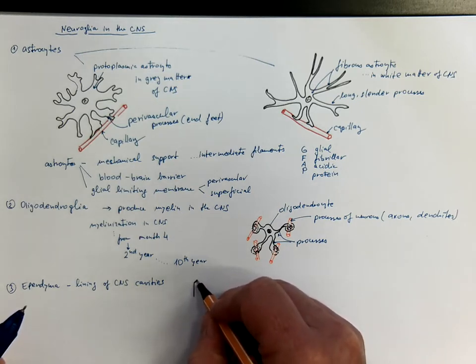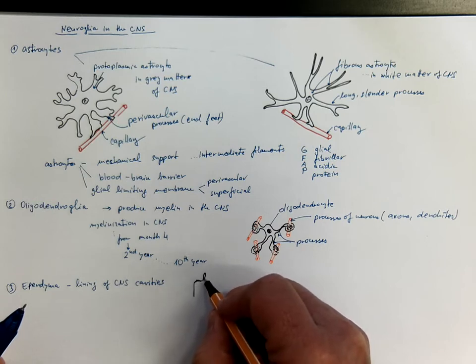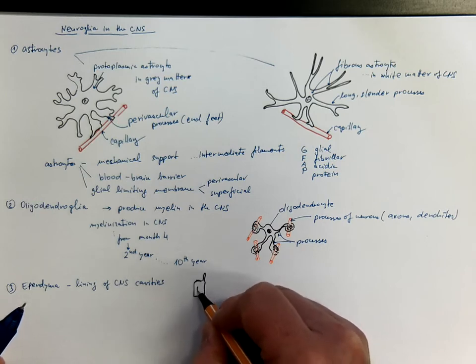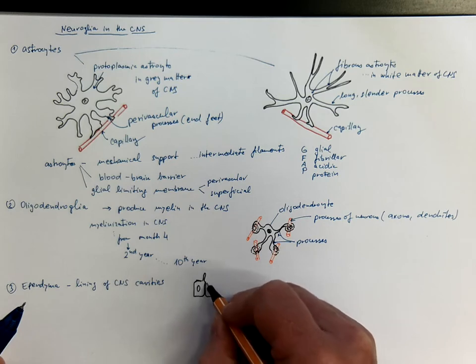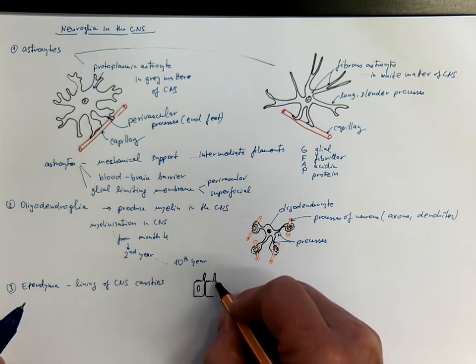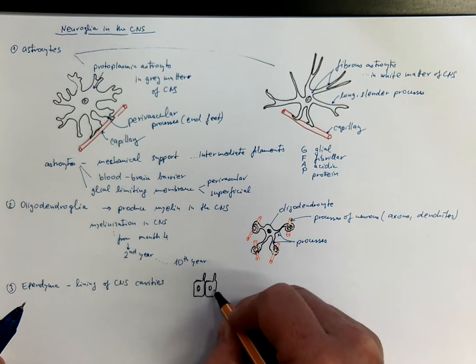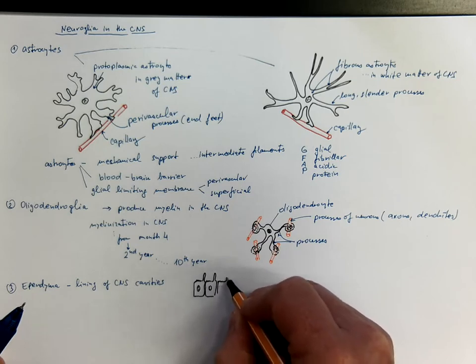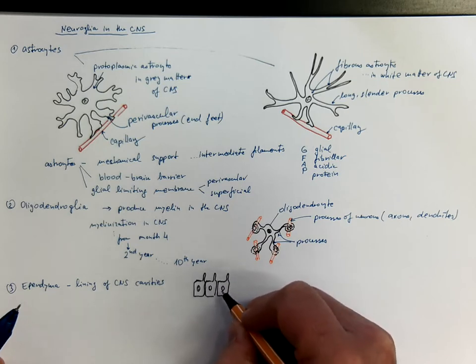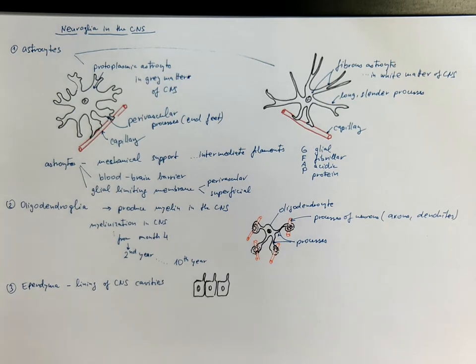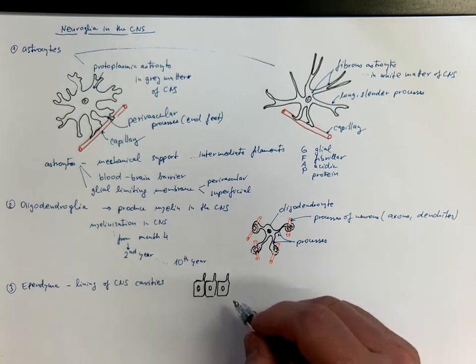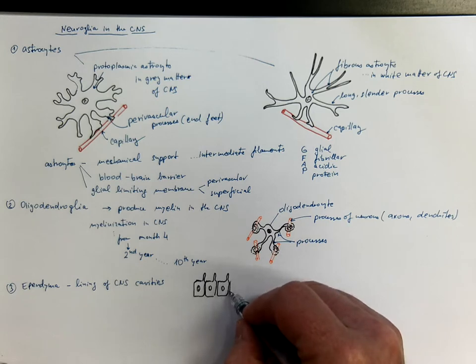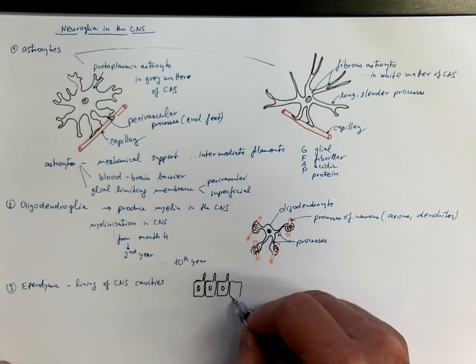They're usually columnar, they have microvilli, and they have long kinocilia. They are arranged similar to epithelia. And there are special modifications called tanycytes that have their end feet around the capillaries.